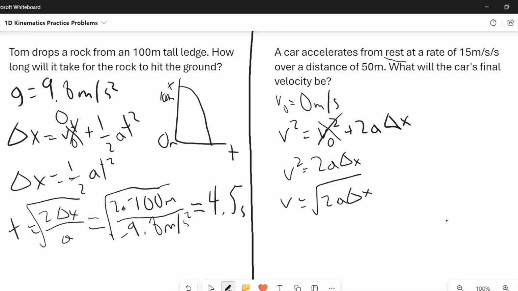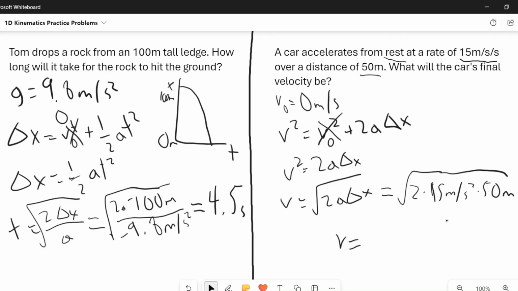And plugging in the 50 meters here and the 15 meters per second squared here, we get that this equals the square root of 2 times 15 meters per second squared times 50 meters. And this value should be around 39-ish meters per second. So yes, that will be the car's final velocity.